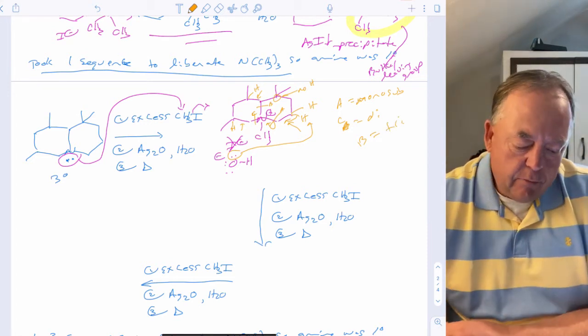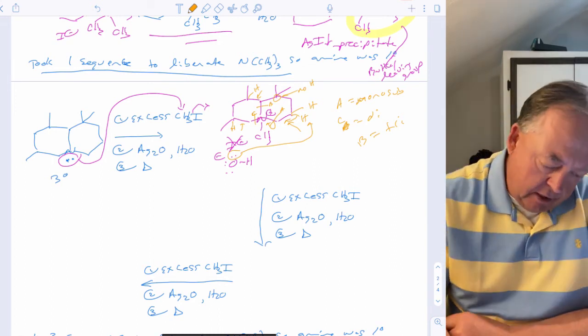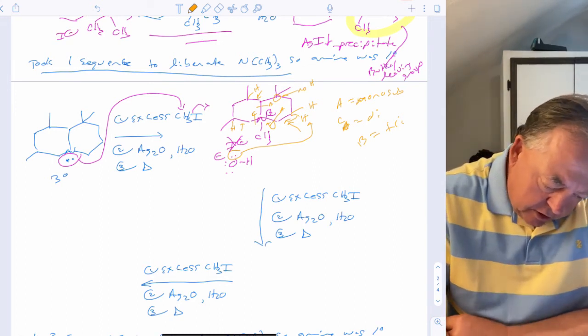Well, this gives you the Hoffman product, so what's going to happen is you're going to take the hydrogen to make the mono-substituted alkene. So this is the one that's going to happen, right?